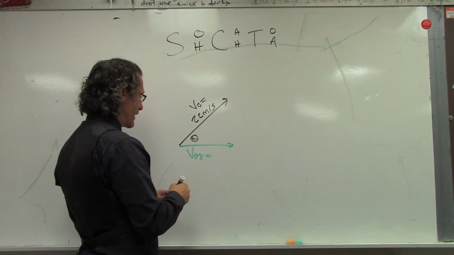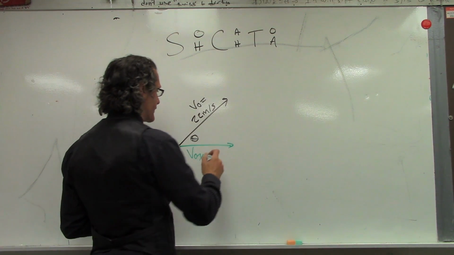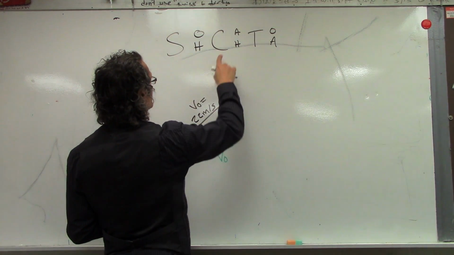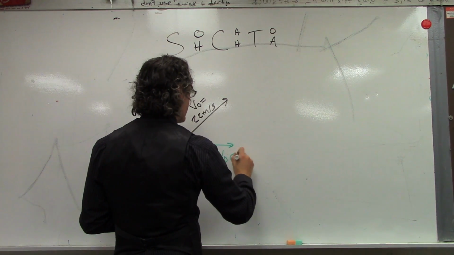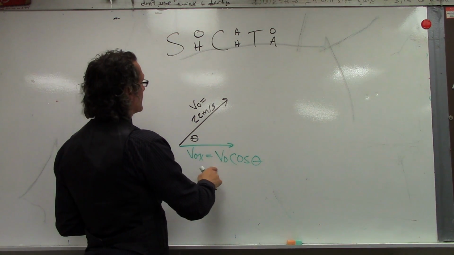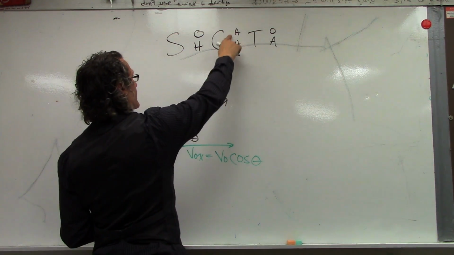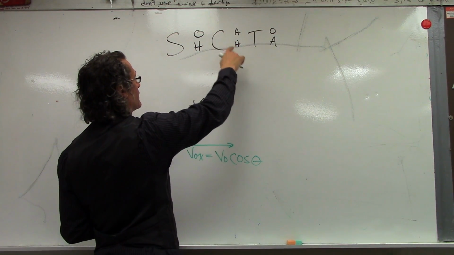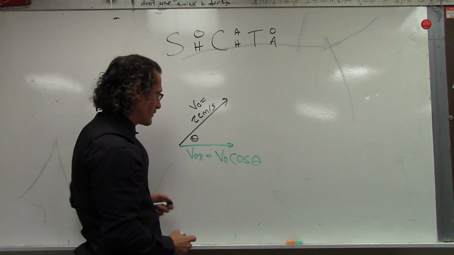Well, what is our V naught x? What we got here is V naught, the hypotenuse, times the cosine of the angle. And the reason why is because there's a relationship between the adjacent and the hypotenuse. We solve for the adjacent, and it would be the hypotenuse times the cosine of that angle.